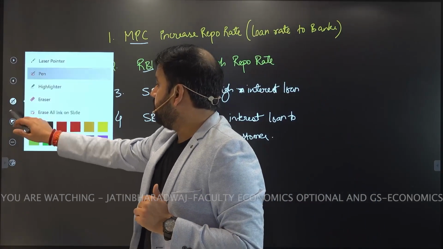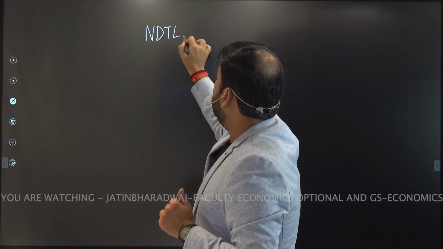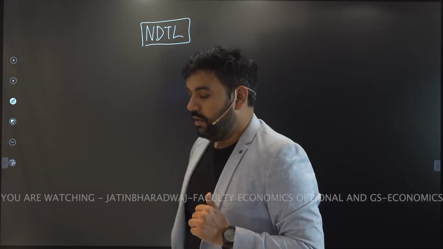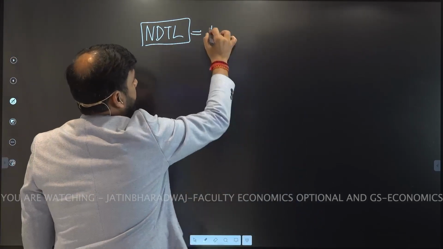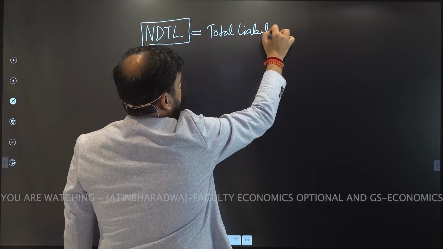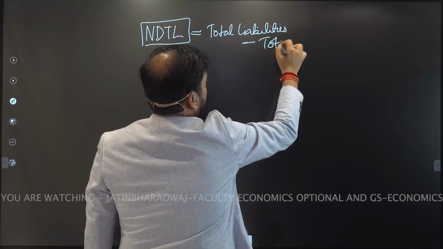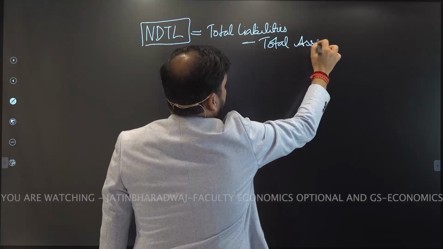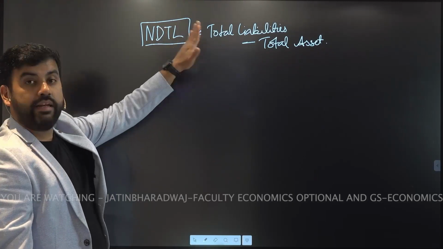Before that, let's understand what is net demand and time liability. Total liability minus total assets, that is net demand and time liability.